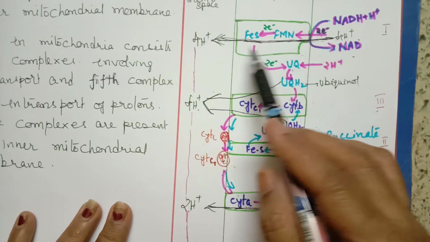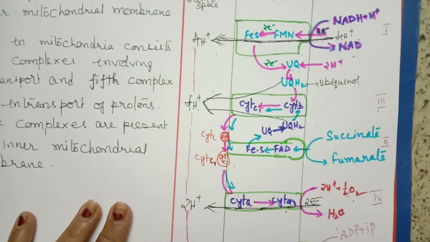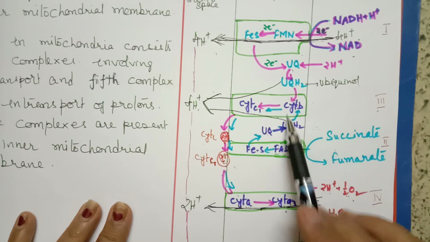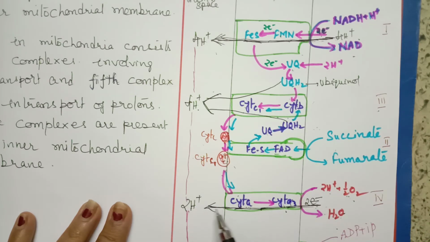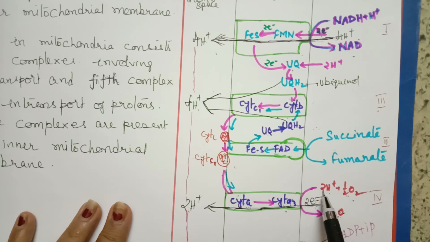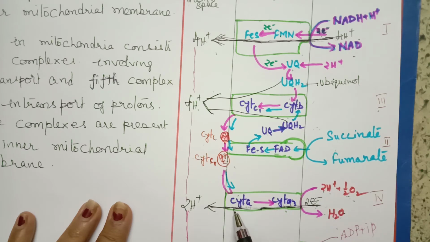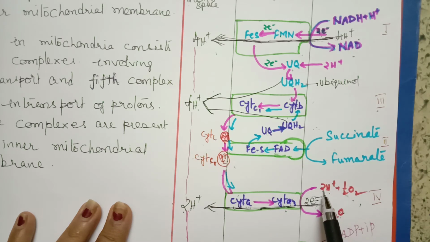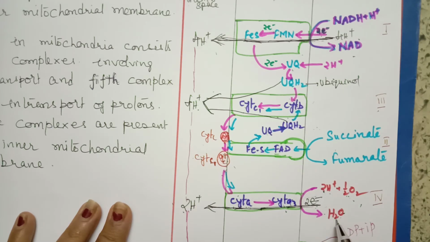So the proton movement is taking place through the first complex and through the third complex. Then we also find 2 protons are moving from the fourth complex. As the electrons are finally reaching oxygen, the 2 protons are moving towards the intermembrane space. Another 2 protons are utilized for formation of water.